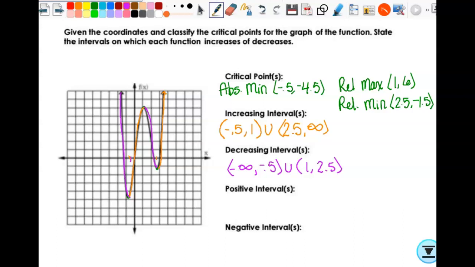Now I got to look at positive and negative. So positive, that's everything above the x-axis. That's all of this. So I have 3 intervals that I union together. Looks like I start way out here at negative infinity. All of that's positive, so negative infinity. And then I'm positive until I get to like negative 1.5. Remember, we definitely don't include that because if we included that, we'd include 0, and 0 is not positive or negative.